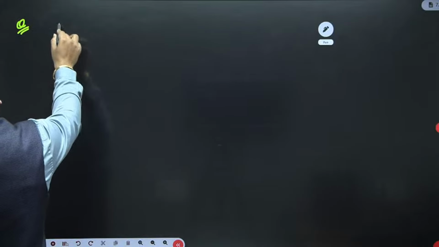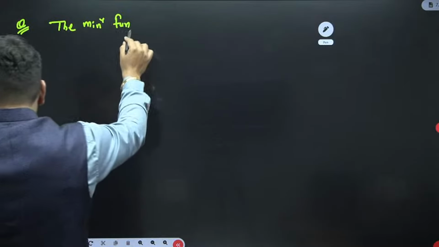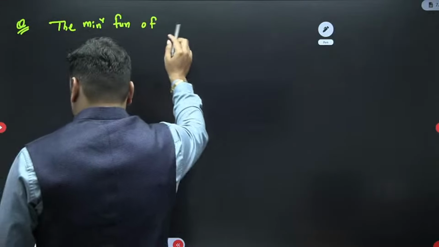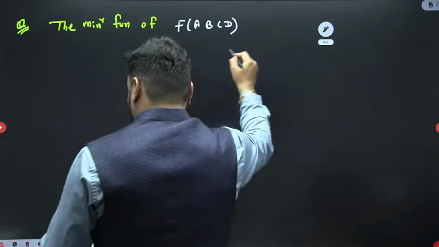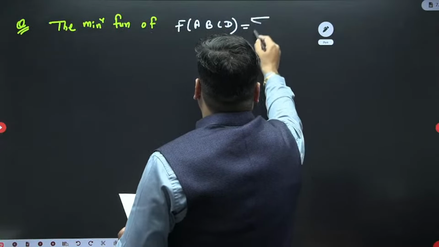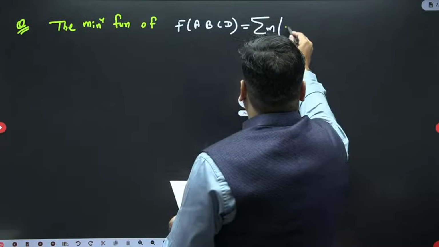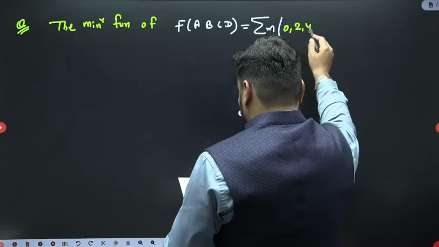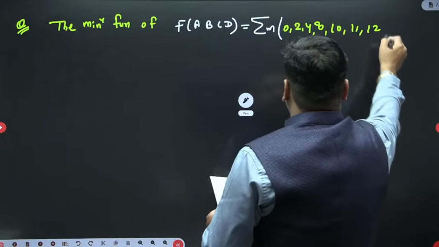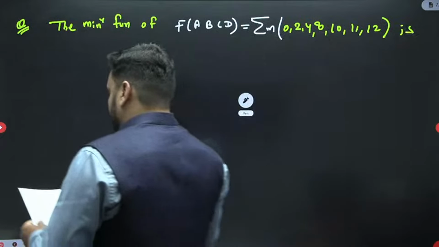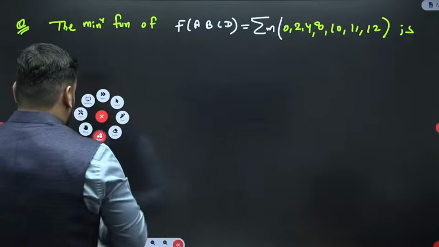The minimized function of F(A,B,C,D) is equal to sigma of m(0, 2, 4, 8, 10, 11, 12) is... Then some options are there. Okay, so this is the question, guys. How to simplify this? How to solve this?